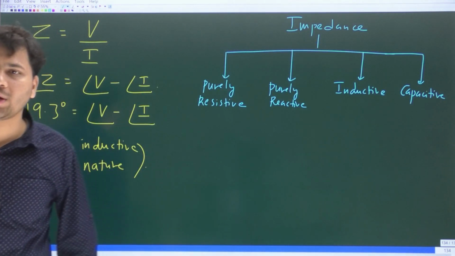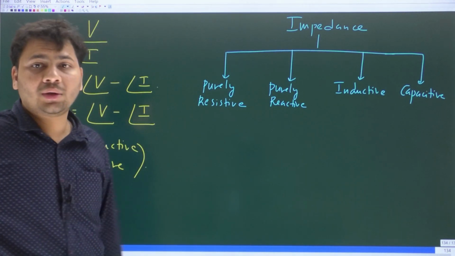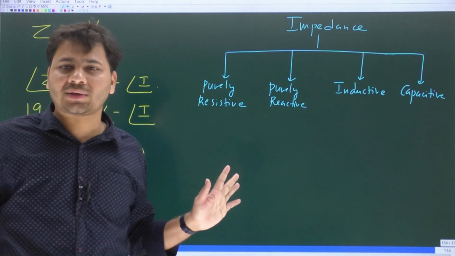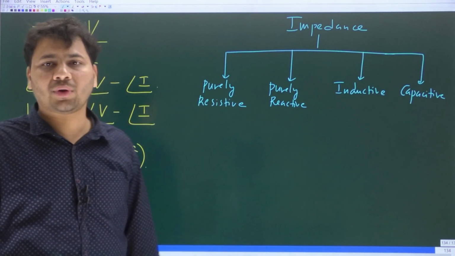Okay, any impedance can be purely resistive. Purely resistive means there is only a resistor, there is no capacitor, there is no inductor. It is purely resistive.